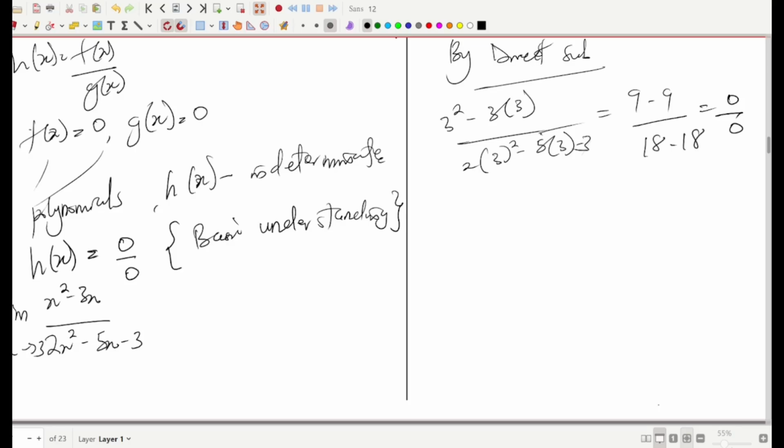Since we've realized it is indeterminate, there are a number of techniques for evaluating them. I want to talk about the procedure for evaluating indeterminate forms of limits.